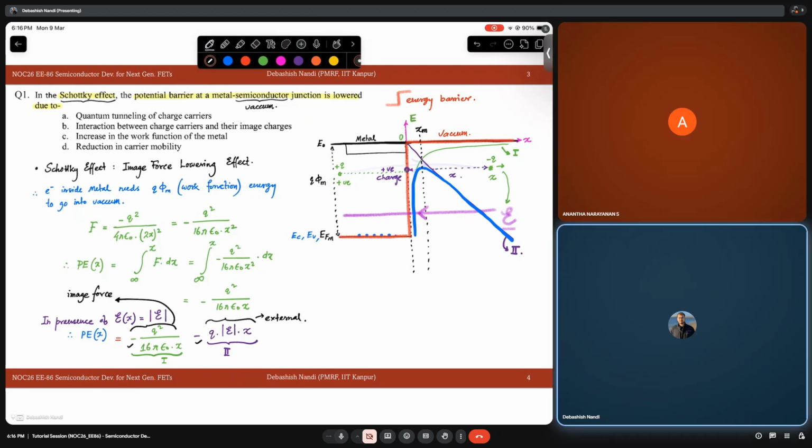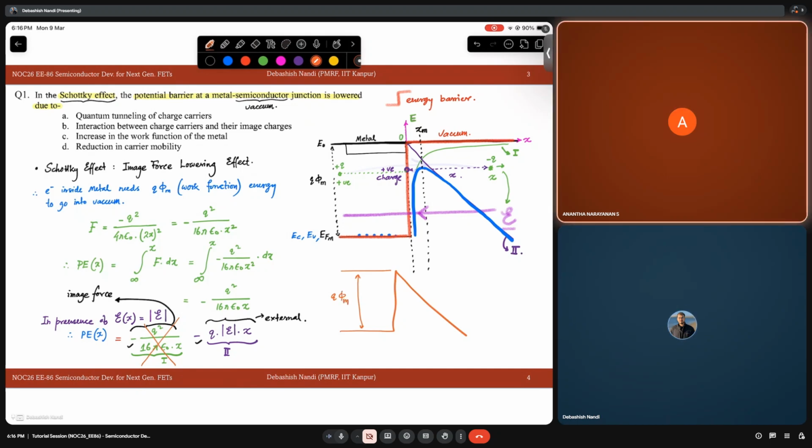Now understand very carefully that if this term is not present, then how will my potential profile look like? It will be just this, right? And then what will be my barrier? The barrier is Q phi m.